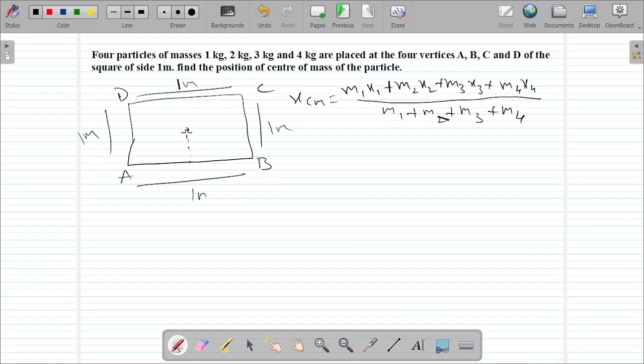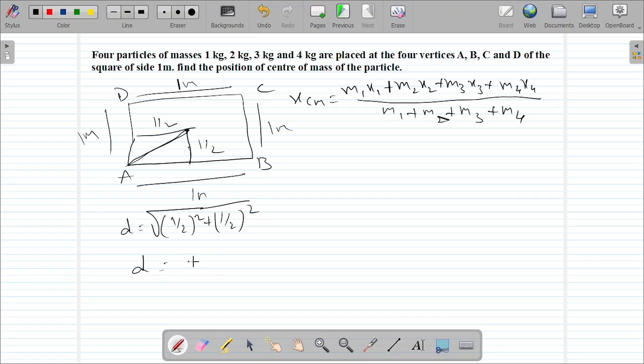Now from the center, it is at a distance of how much? This distance is total 1, then this is 1 by 2. From here to here this distance is also 1 by 2. Then what will be this distance? That distance equals root over 1 by 2 whole square plus 1 by 2 whole square.